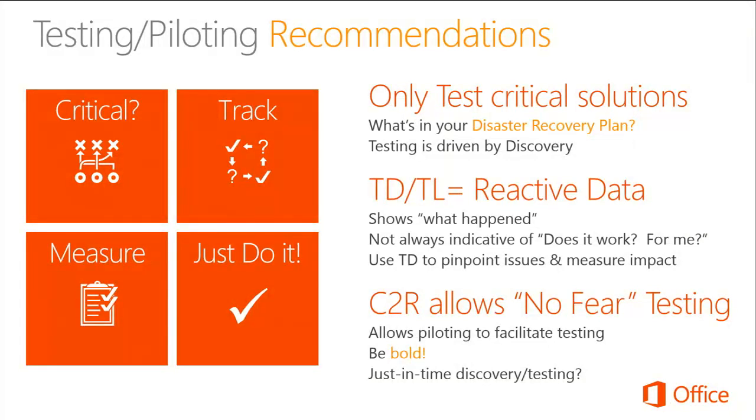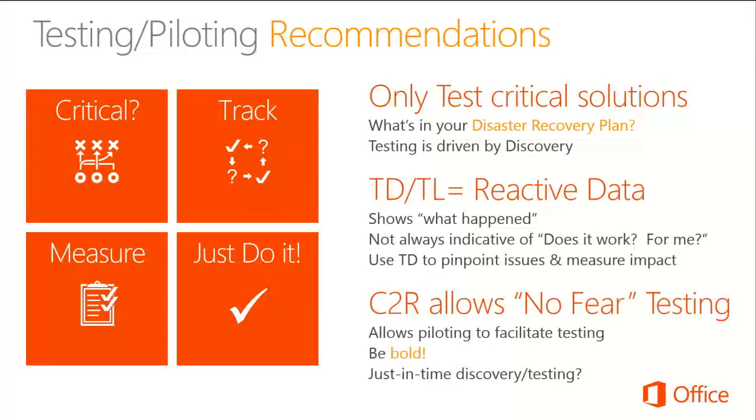A couple points: when you're doing your testing, only test your critical solutions, things that were identified during discovery as, yes, this is critical, I need to run the business using these things. Another shortcut way to figure out what's really critical to the business is by looking at what's in your DR plan, your disaster recovery plan. For small shops, you may not have a dedicated business continuity or DR area, so you may not have that DR plan.